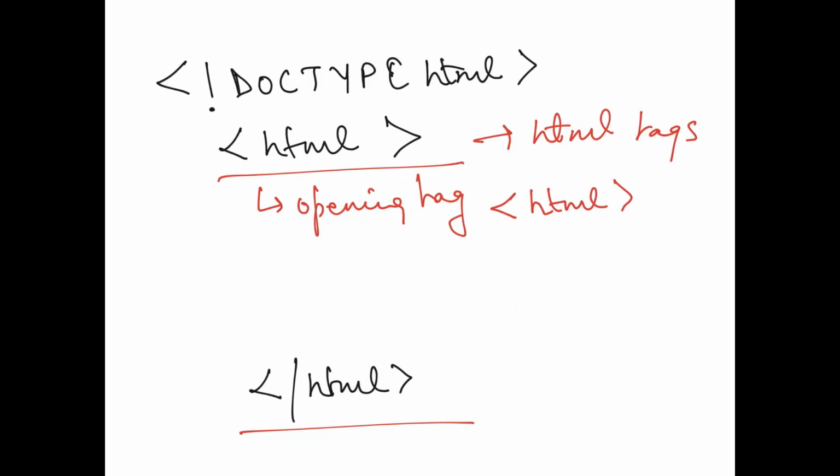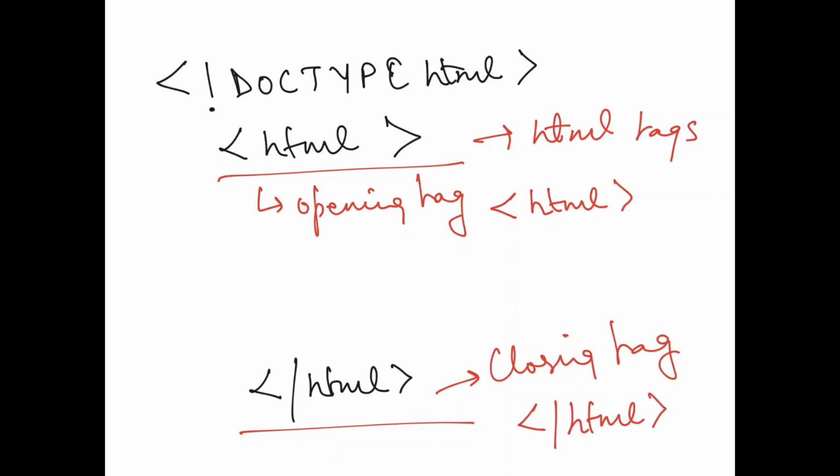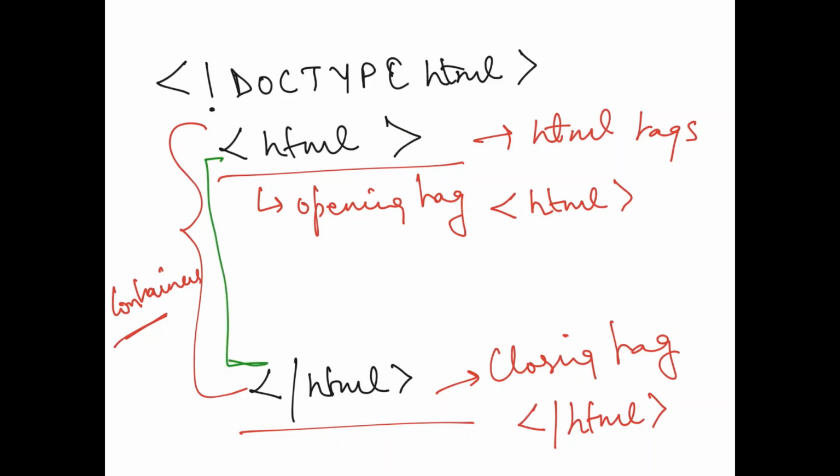And the below one is your closing tag. How do you write it? Like this, /html. So basically, what are tags? Tags are containers. Why containers? Because everything between the opening tag and the closing tag is inside that tag, and therefore inside the HTML tag there are two important tags. So whatever will come, everything will be inside this.